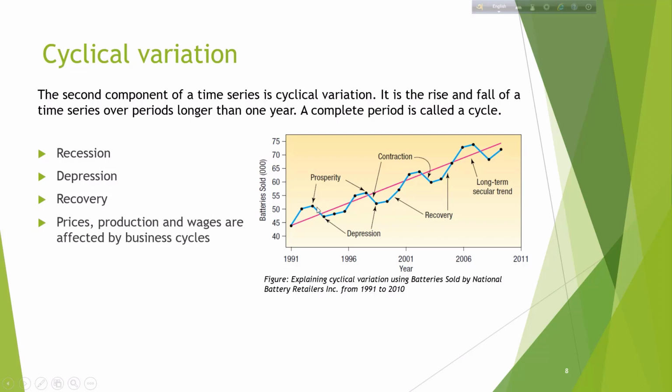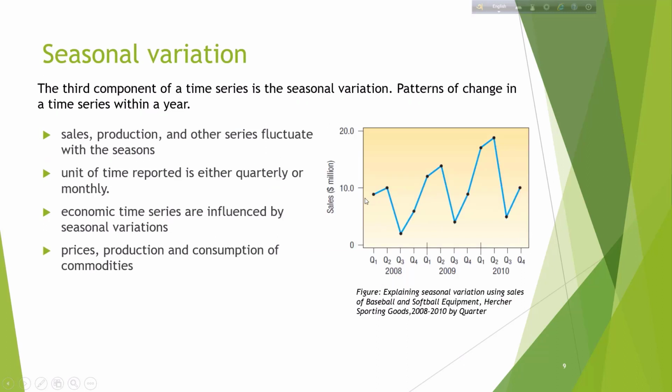So this is the prosperity here. 1991 to 1993 is the prosperity, but 1994 is depression, and the red line indicates the secular or long-term trend. Okay, now the third component of a time series is seasonal variation.